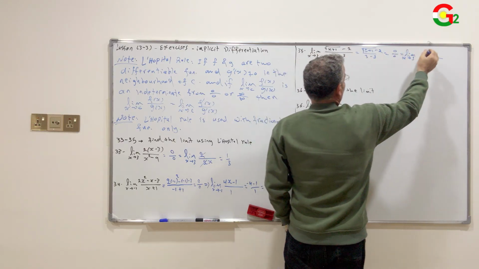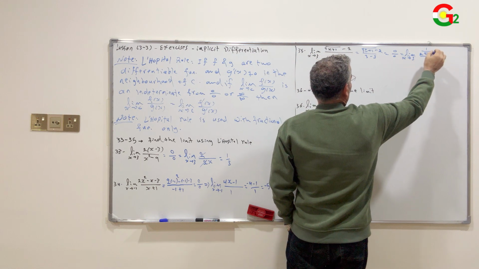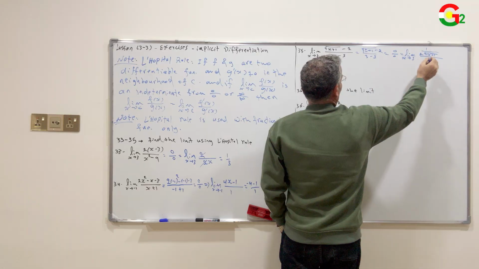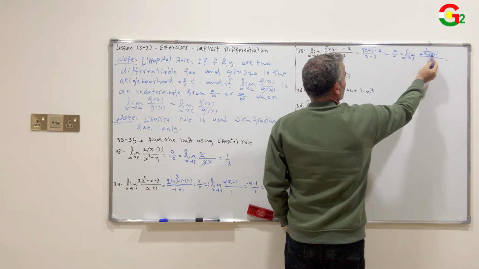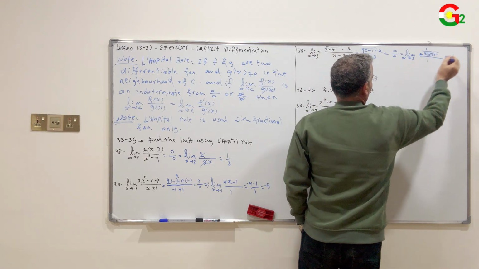The derivative of this root is 1 over 2 square root of x plus 1, minus 0 over 1, equals 3 plus 1, 4, square root of 4, 2 times 2, 4, 1 over 4.